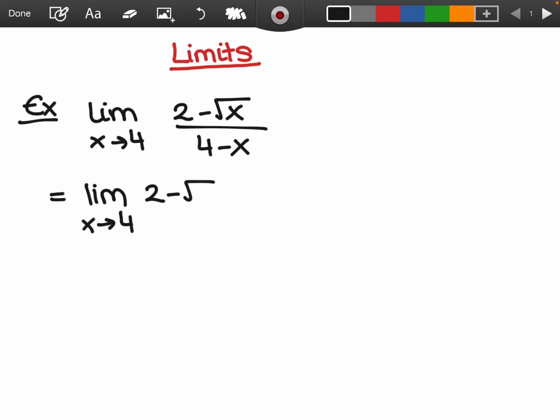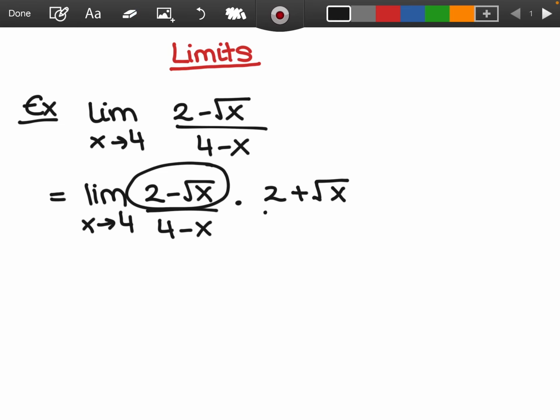So what I'm going to do to solve this is just to take my original expression and I'm going to multiply both numerator and denominator by the conjugate of this expression on top. The conjugate of this would be 2 plus the square root of x. So you're going to take that second term and you're going to change the sign of it. That is the conjugate.